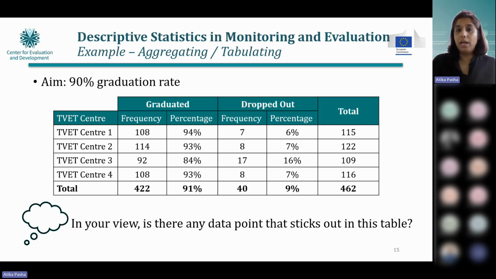You can also aggregate it differently. For example, you take the percentages across, and you can also do it across each of the TVET centers to assess what the percentages are at each TVET center in terms of graduation. And if you look at the four centers, you will notice that there might be something that sticks out in this table.